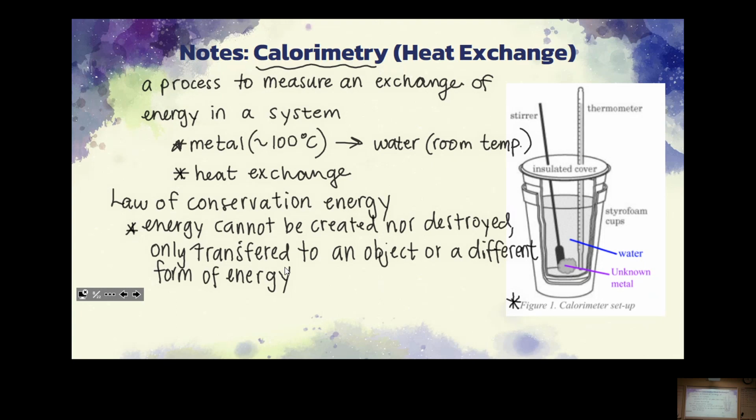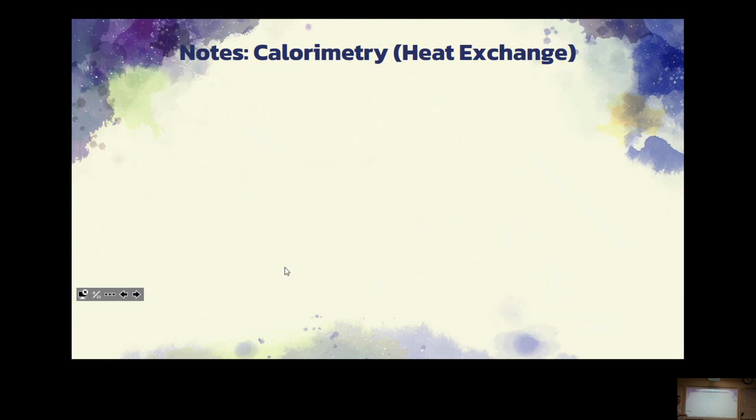All right, so taking this concept of the law of conservation of energy, we can actually look in the lab at the change in temperature of our system using that calorimeter.